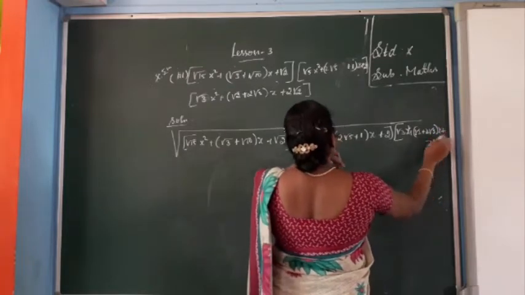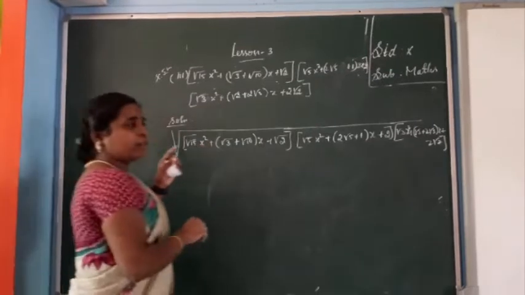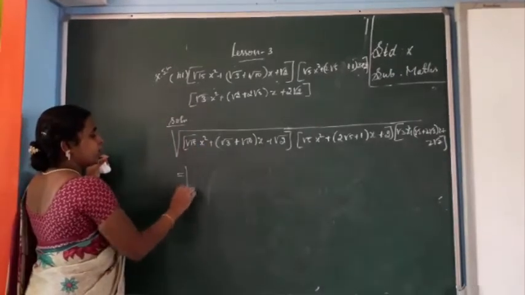This is how to write it in the question, with the square root. Next, we are going to find them one by one.